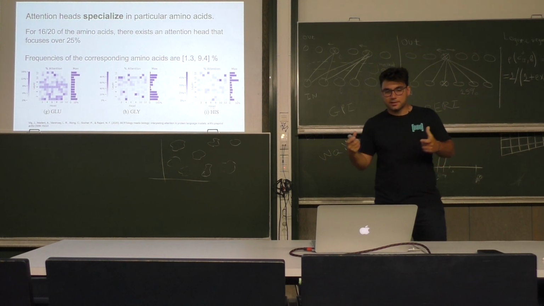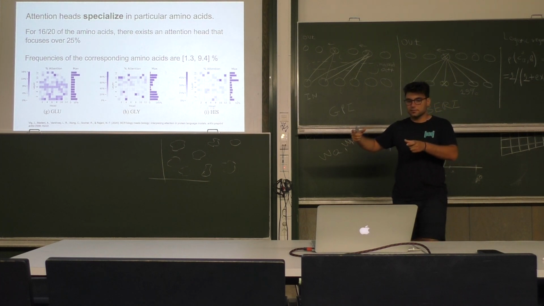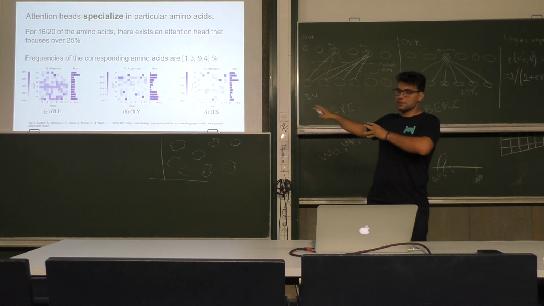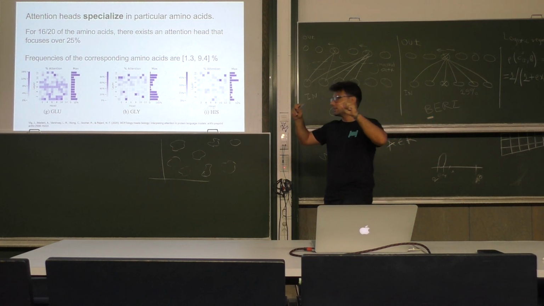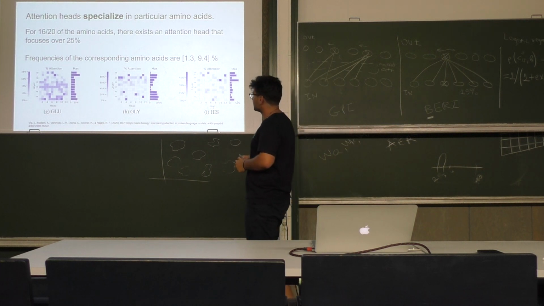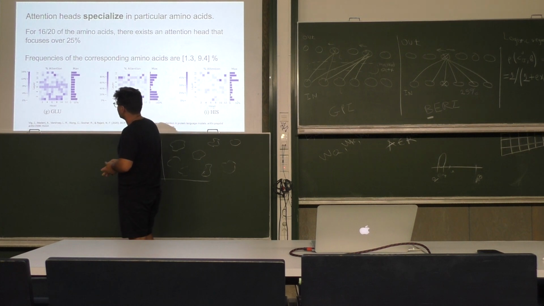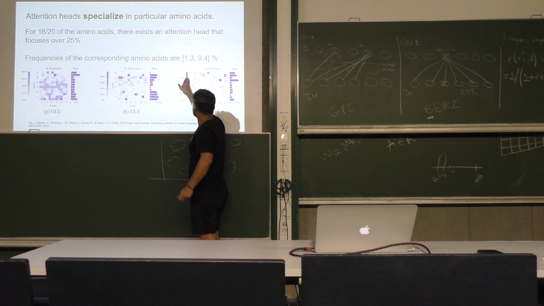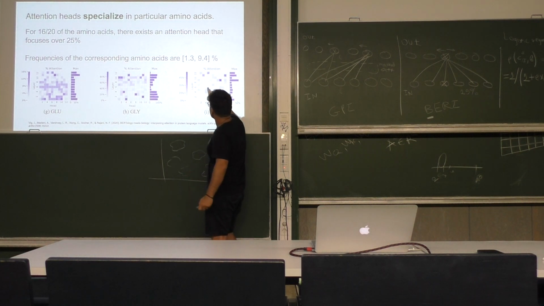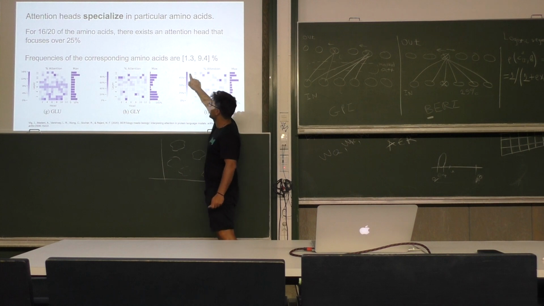And they found out, similar to natural language, at least in their scale of analysis, that there are indeed some attention heads that really specialize to specific amino acids. So here we have again the illustration of layers. Let's take this one. We have different layers and different heads, and in some cases you have these highly blue heat maps, which refer to very high probability.